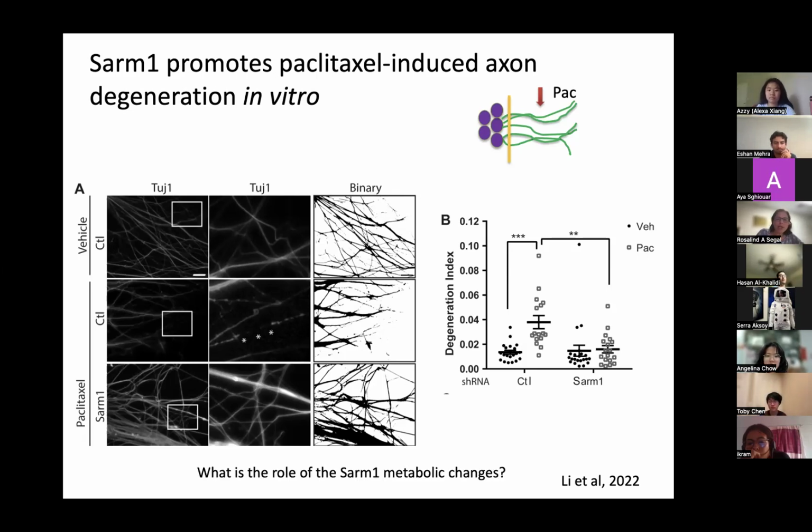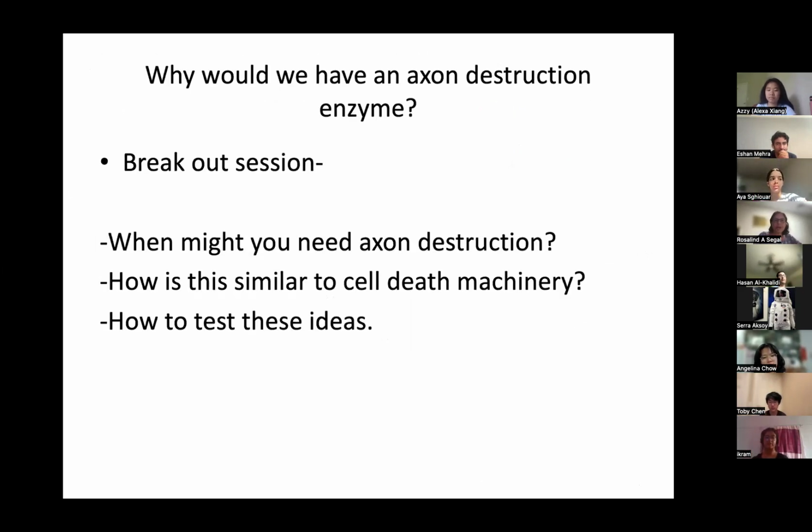So what is the role of the SARM1 metabolic changes in causing this degeneration? Before we get into that, let's have another breakout session and talk about why we have this axon destruction enzyme that's present in cells.